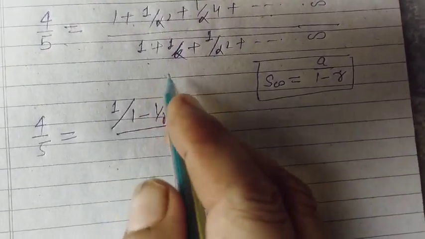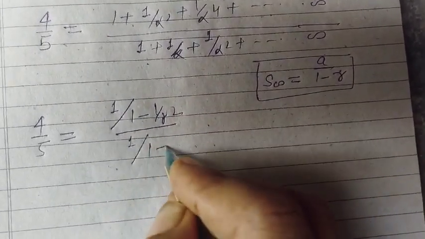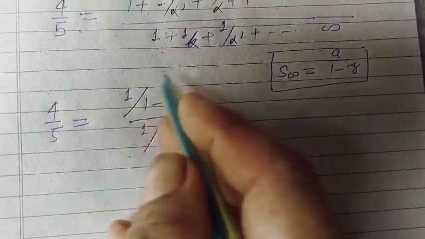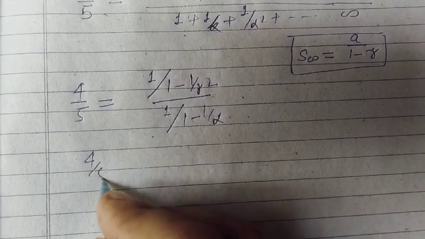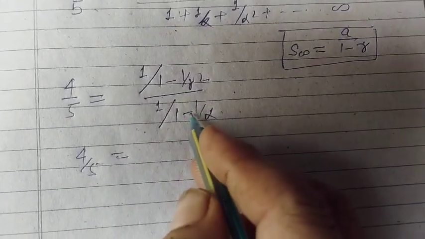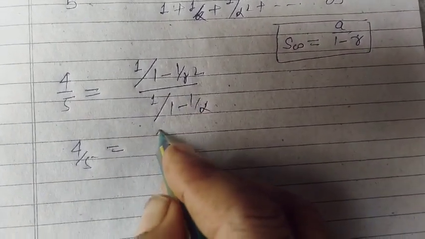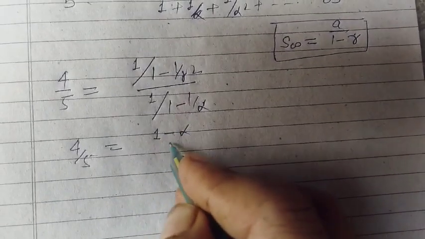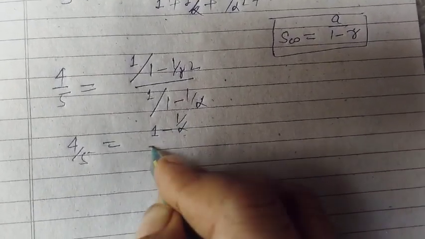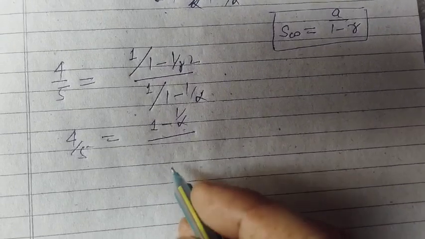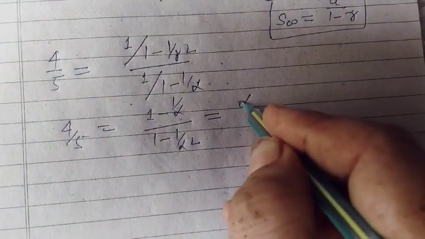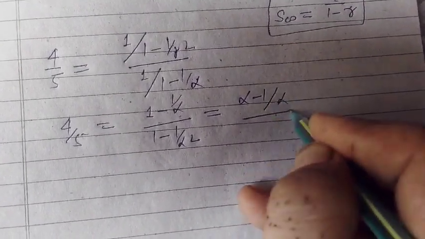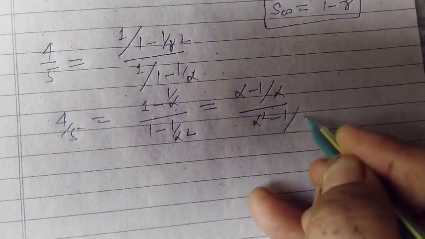In the denominator it is 1 upon 1 minus 1 upon alpha. Okay, so this is the sum of the infinite series. Now 4 upon 5 equals this, 1 minus alpha, and 1 upon 1 minus alpha goes to the numerator and this comes in the denominator. Now we solve it, alpha minus 1 upon alpha and alpha square minus 1 upon alpha square.